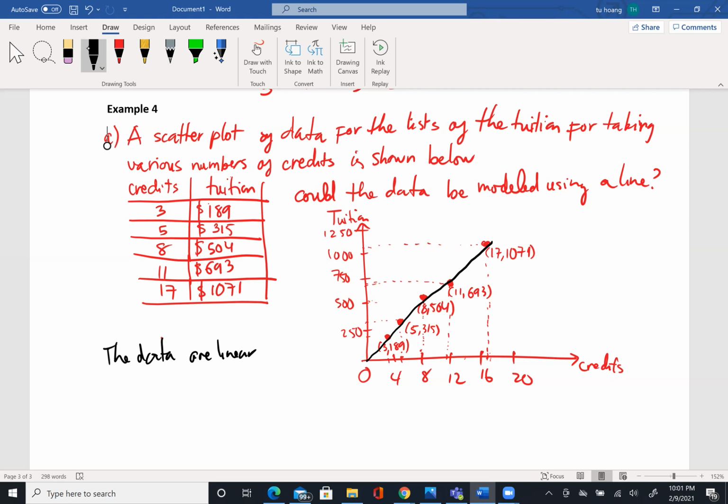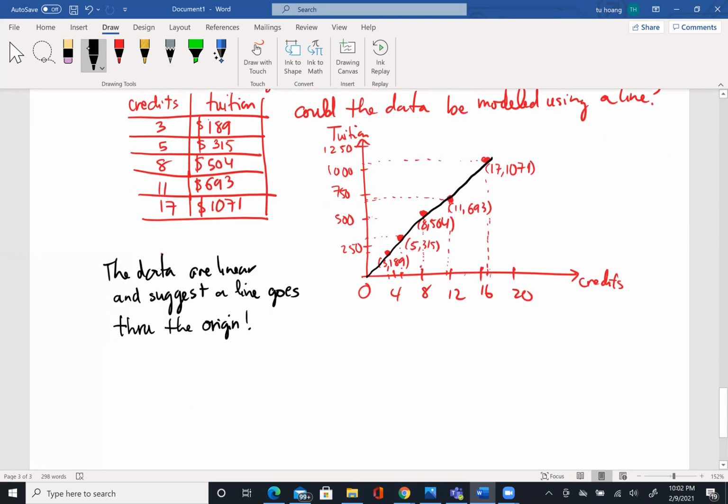So you can say the data are linear and suggest a line that goes through the origin. So that is the answer.